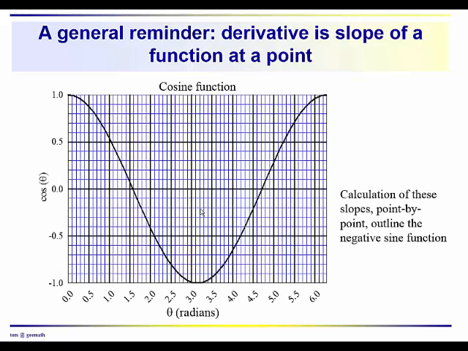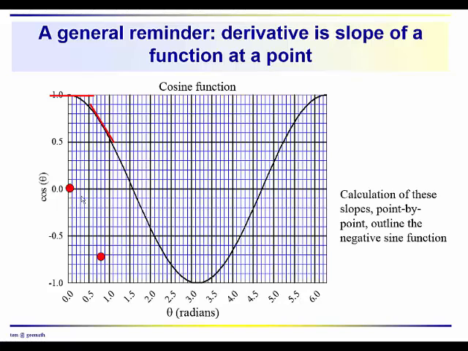So in terms of a basic review, remember what a derivative is. A derivative is basically the slope of a line evaluated at a point. So it's evaluated in the limit that the dx, or in a delta y delta x type computation, the dx goes to 0.